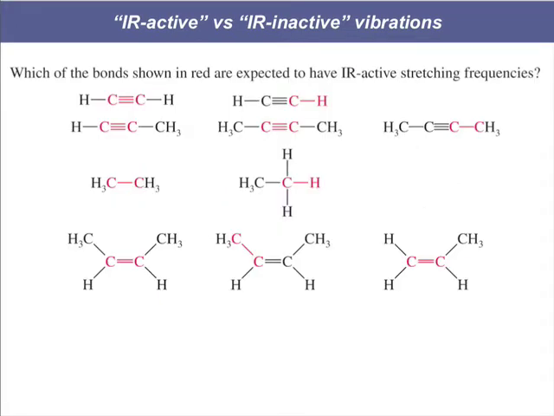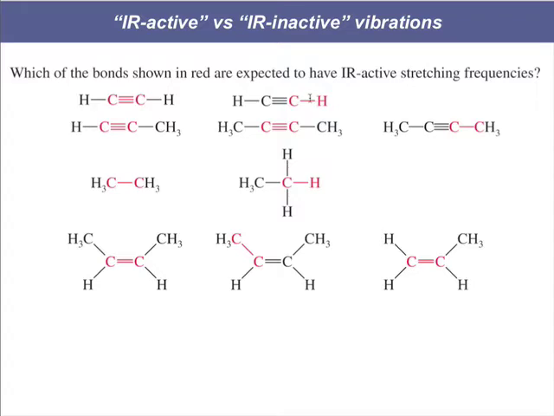So let's look at some of these bonds in red and decide whether these are active or inactive vibrations. Our first bond here, this is acetylene, C triple bond C. You'll notice that this bond is symmetrical from one carbon on the left to the one carbon on the right. This is a symmetrical bond, which means that its vibrations as this bond expands and compresses will do so symmetrically, and that will be inactive on IR. Here's a CH bond.